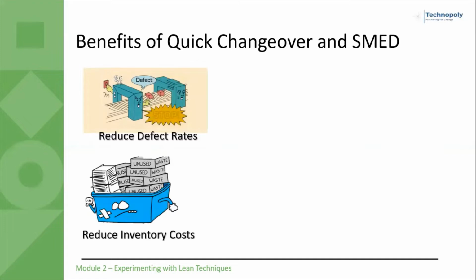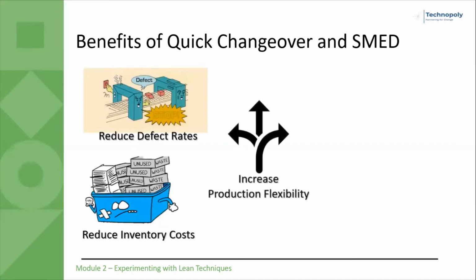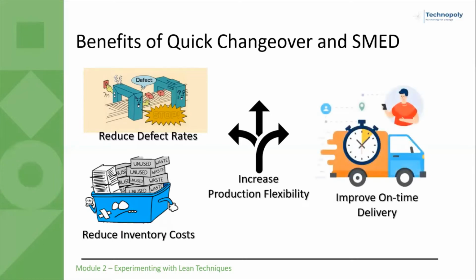Elimination of or a reduction in the number of batches and their sizes allows for recovery of operating cash and manufacturing space. It can also increase production flexibility, increase output, and improve timeliness of response to customer orders. It improves on-time delivery. Quick changeover supports the ability to meet customer demand.